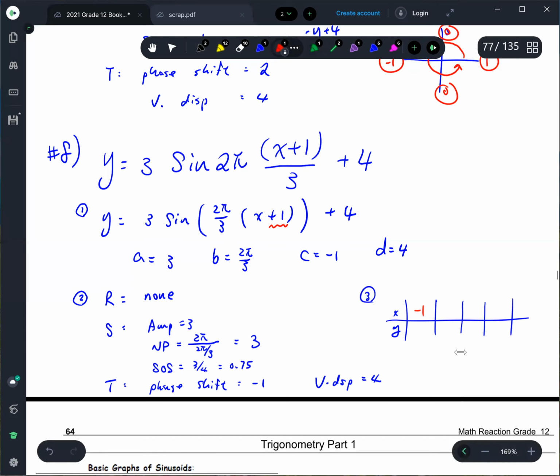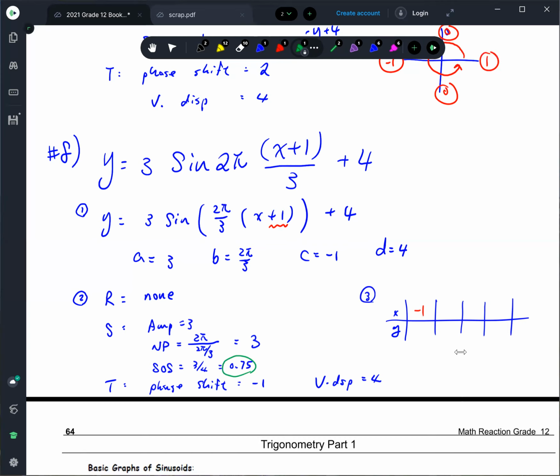Then you use SOS. Yeah, SOS is 0.75. And then what do we do? You minus it. For this one, if you look at B, what's the value for B?